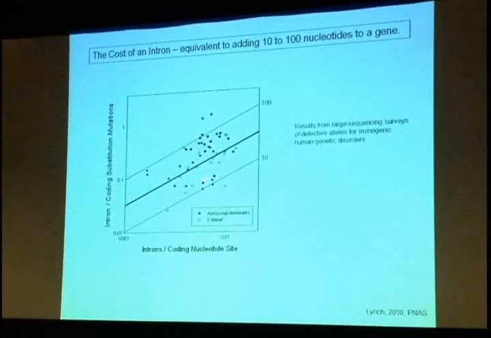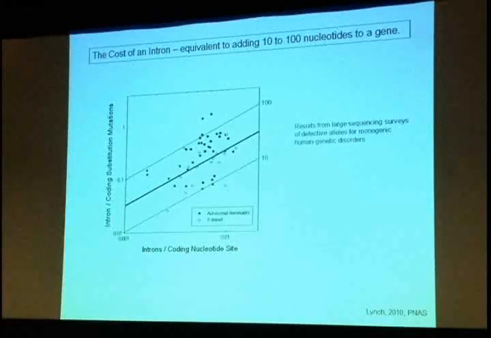And so every one of these data points applies to a different human genetic disorder. For the underlying locus, we can count up the number of coding nucleotides that are important for the protein and the number of introns subdividing those coding regions. So that's the ratio of the targets for introns to the coding nucleotide site.